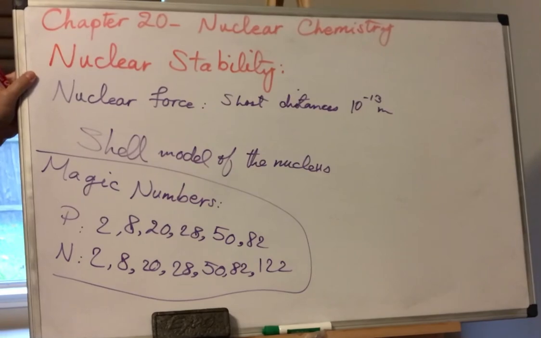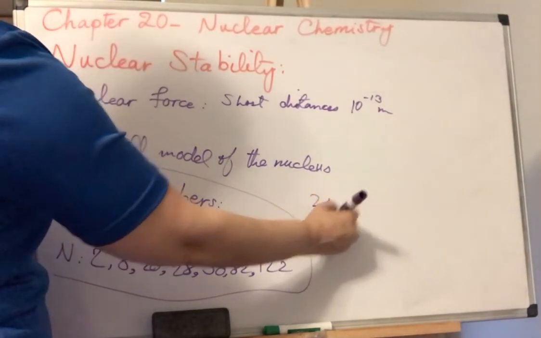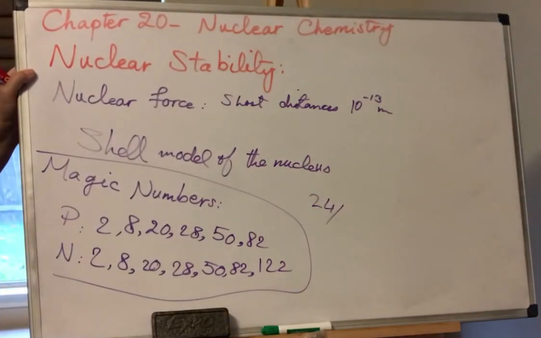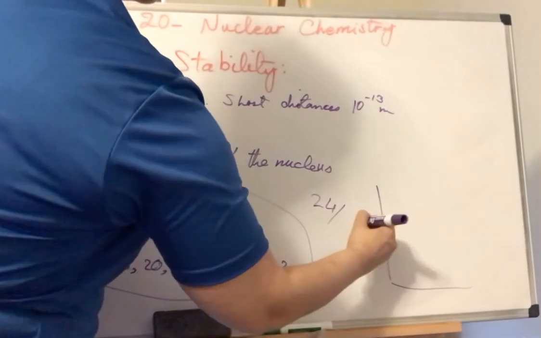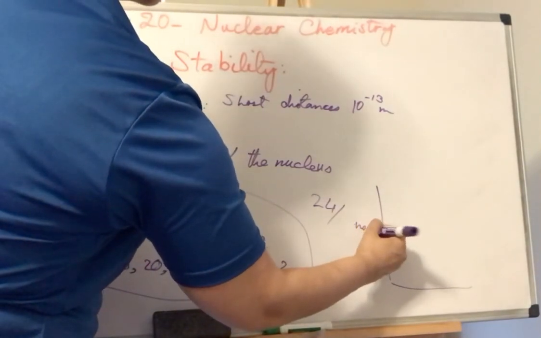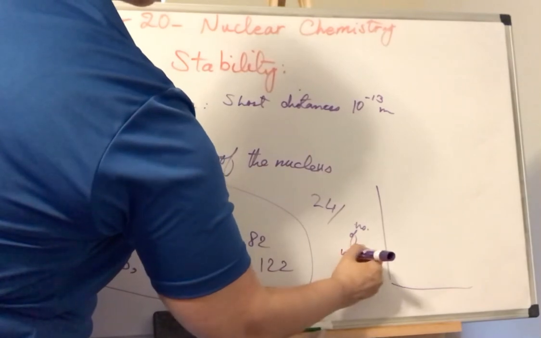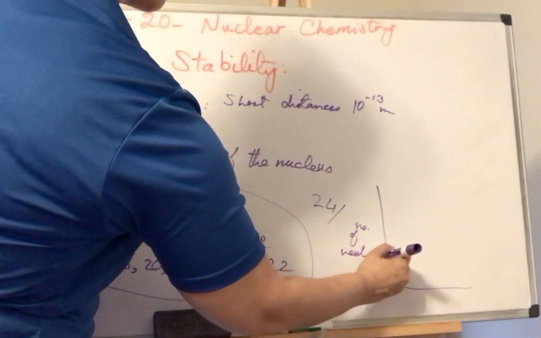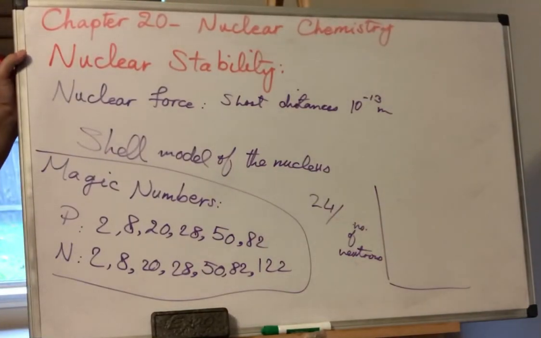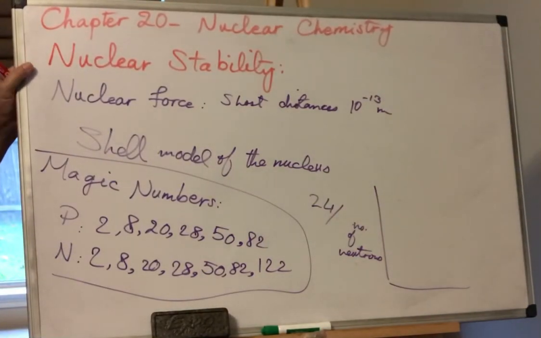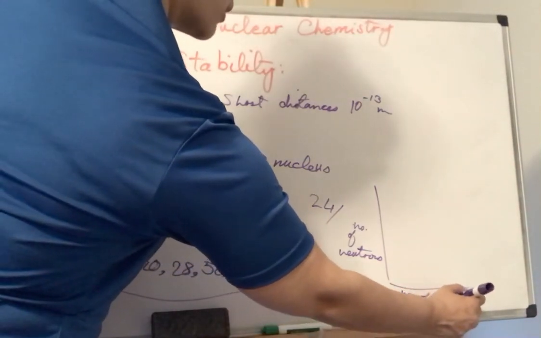So if you pay attention to slide number 24, you see that when you draw a plot of number of neutrons, you have a beautiful graph on slide number 24. I'm just trying to imitate it. So versus the number of protons.